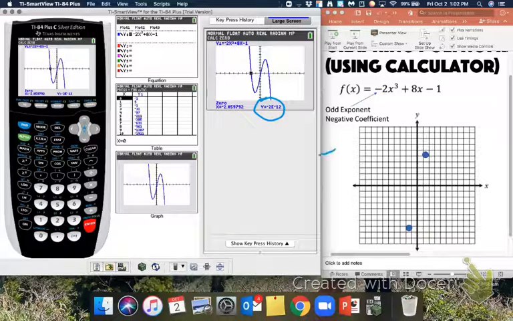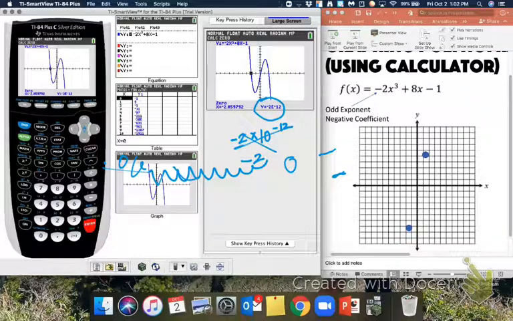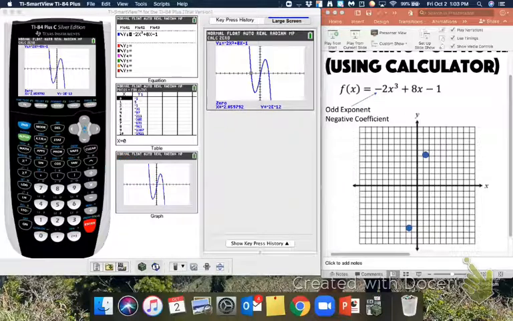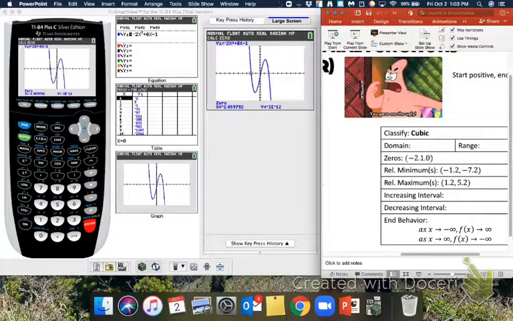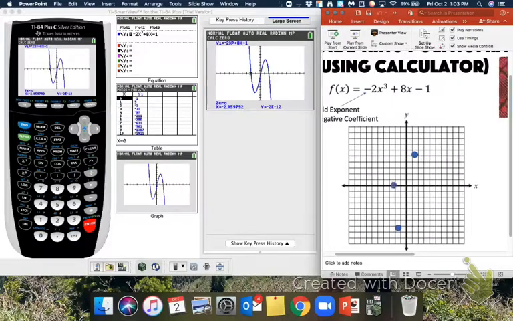This is saying negative 2 times 10 to the negative 12th power. So that means I'm taking negative 2 and moving the decimal over 12 places, so this would be like 0.00000. So basically, this is 0. Okay. So then we have 1 zero at negative 2.1, 0, and then I can graph that on here.